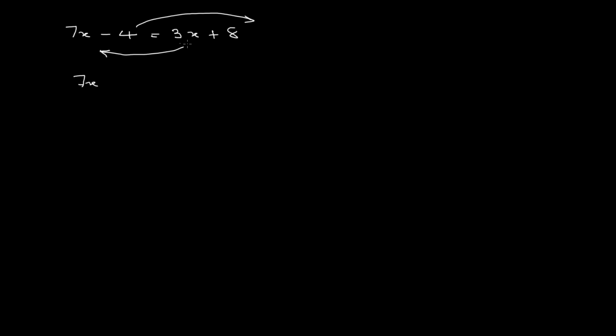I know I'm going to have to subtract 3x from this side. So I already subtracted there. And I know that I'm going to have to add 4 to remove this. So I already added here. So when I go to the other side, I'll do the same thing. 3x. I've removed 3x like I did here. Then I added a 4, meaning that to 8, I'll add a 4 here.